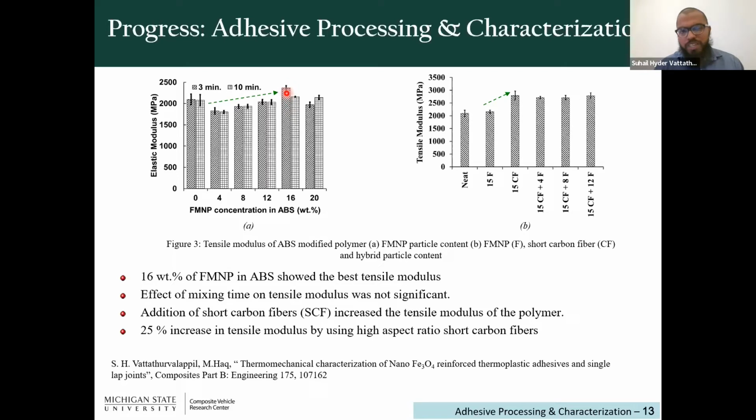Very little improvement in the tensile modulus. Whereas once I add 15 weight percent of carbon fiber, it increased the tensile modulus by 25%, because carbon fibers have a much higher aspect ratio and can carry much more load efficiently than ferromagnetic nanoparticles.